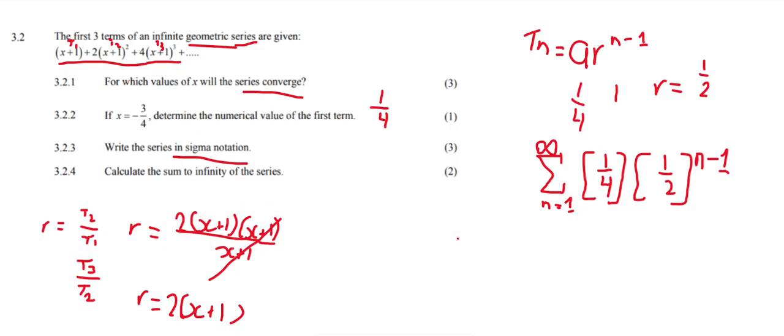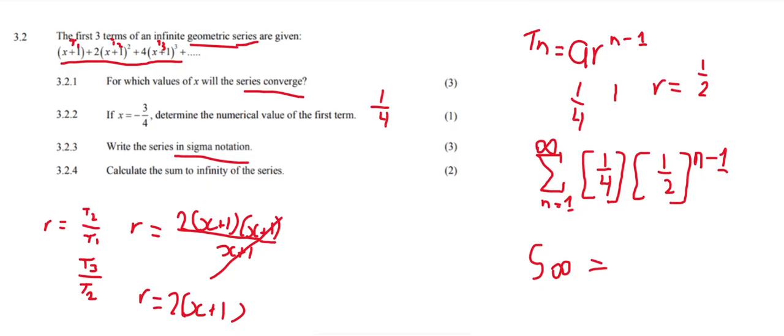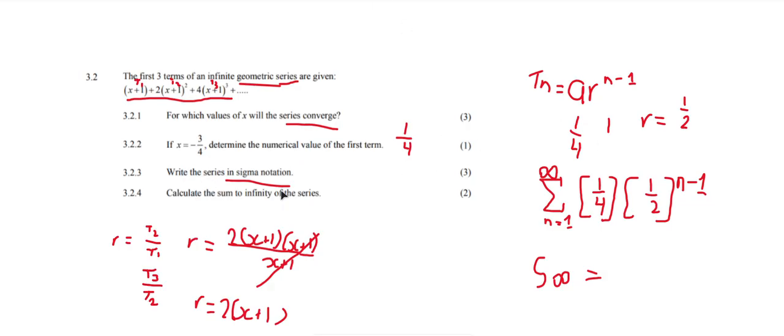Now the last one they say, calculate the sum to infinity. To calculate the sum to infinity, we have to say a all over 1 minus r.